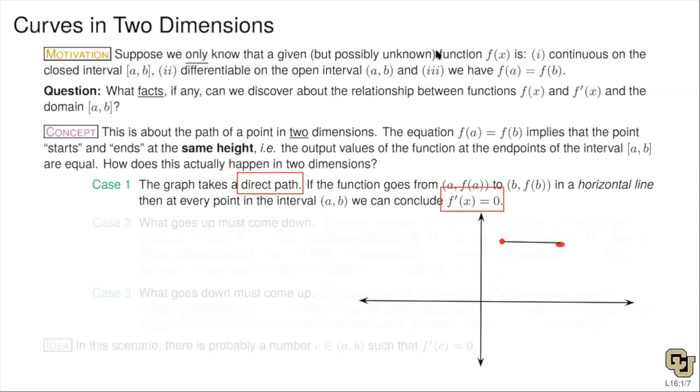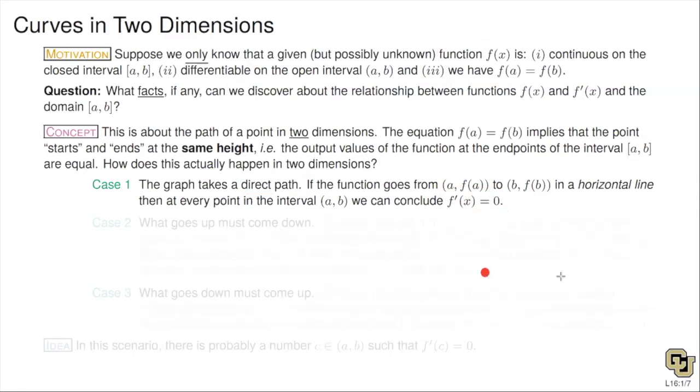So now, what if it's not a direct path? Suppose this is my starting point. This is my ending point. Suppose the curve starts by going up first. Now think about flying a plane.